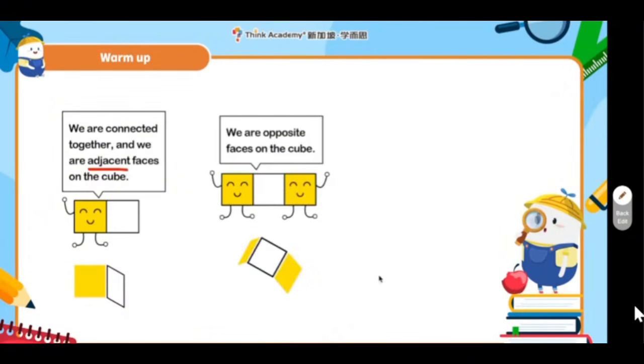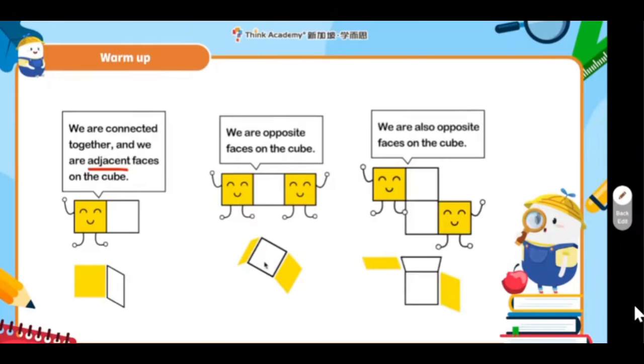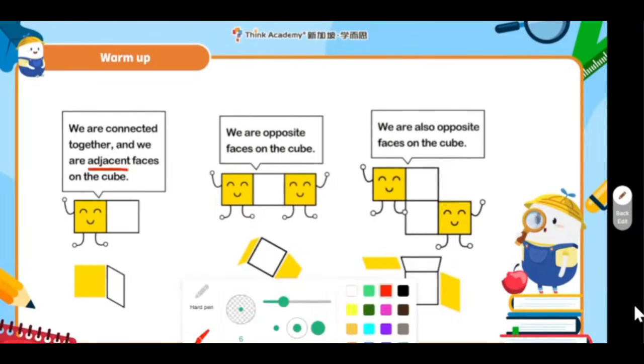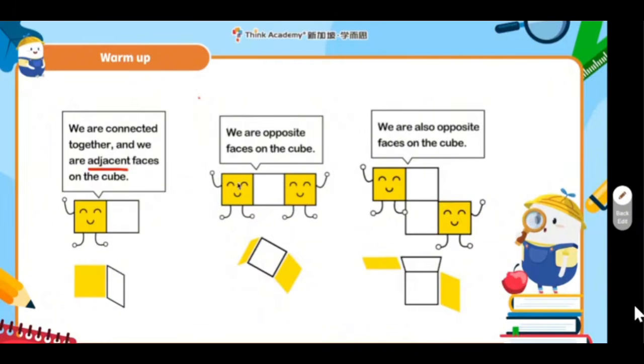And then you see this one, it says we are opposite faces on the cube. Everyone, you can imagine after you fold it, these two parts, because there is still another face in between, are opposite faces. And then this one, we can call it the I shape.